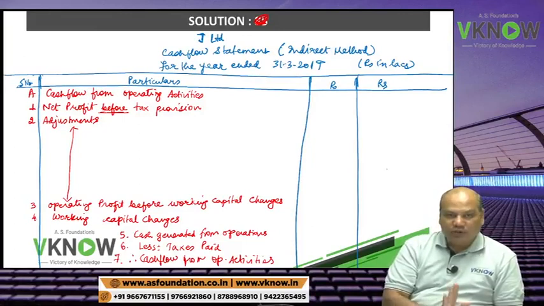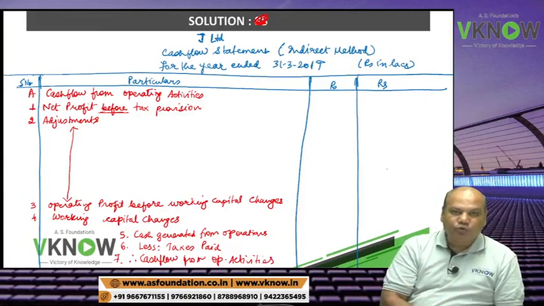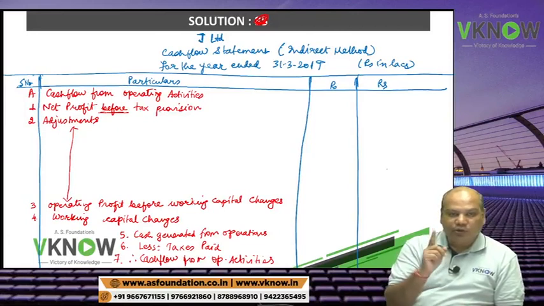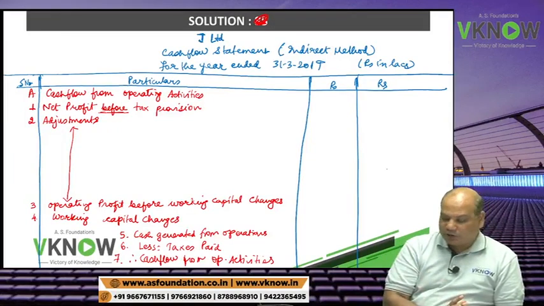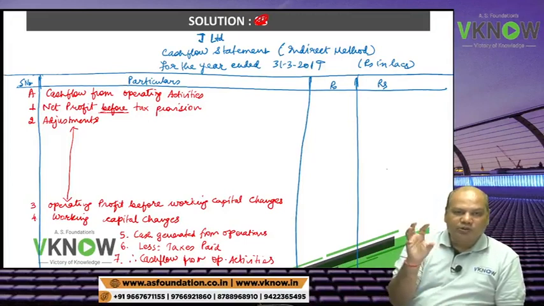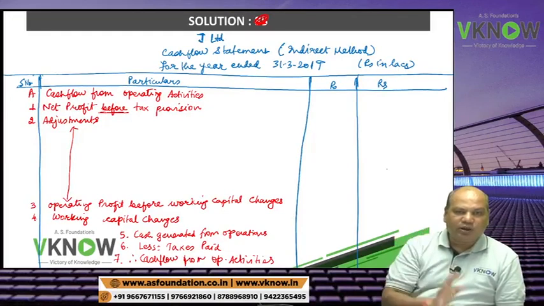Indirect method takes extra time because of this presentation. So I will just revise. Next time you will have to draw the format yourself. Cash flow from operating activity. Under that first will be net profit. If it is given before taxation, take before taxation. If it is given after taxation, take after taxation. Point number 2, adjustments. Here you have to make a judgment how many lines will be required, usually about 7, 8, 10 lines.